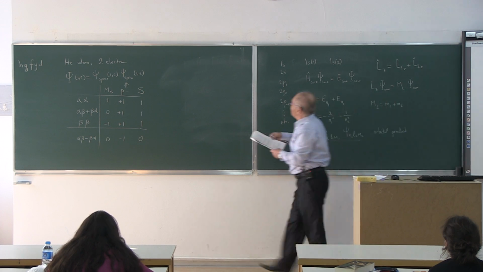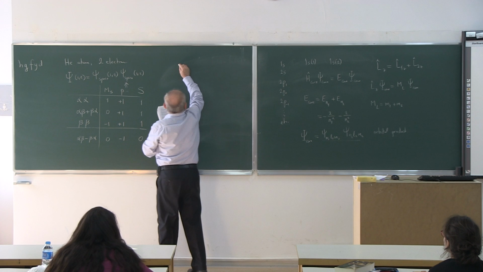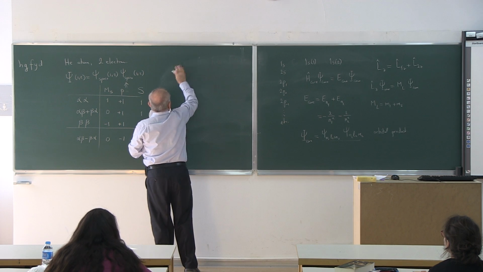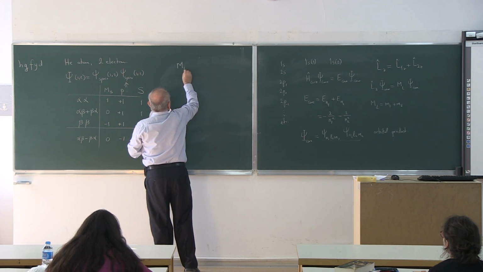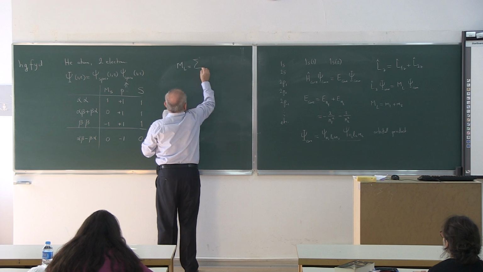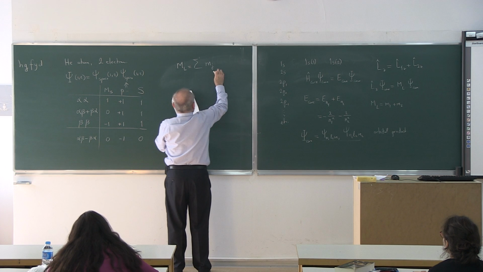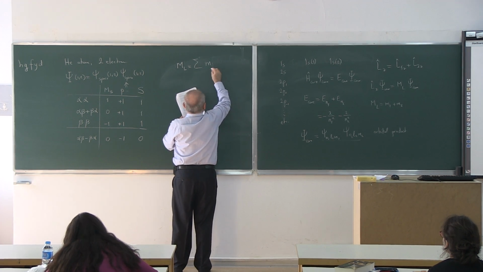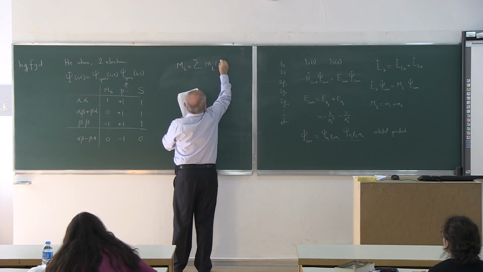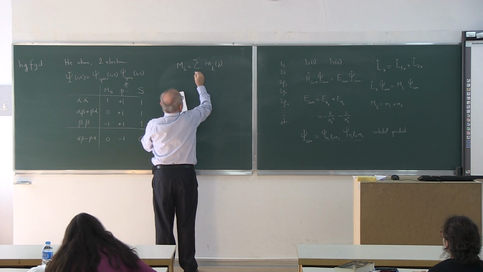So in general, we can write this. ML is the sum of small ml values for each orbital in the product.